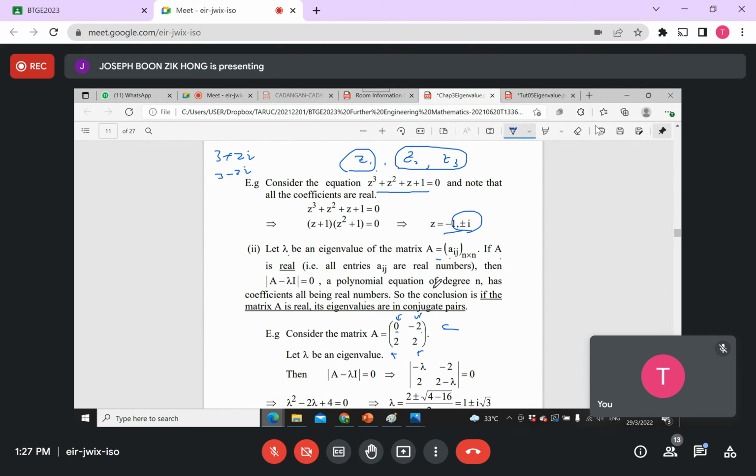Normally you have a polynomial equation of degree n with real coefficients. So the conclusion is, if your matrix is real, that means your eigenvalues are in conjugate pairs. So now let's see what they're talking about.